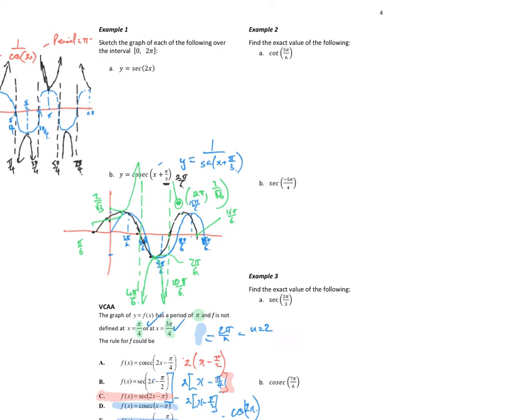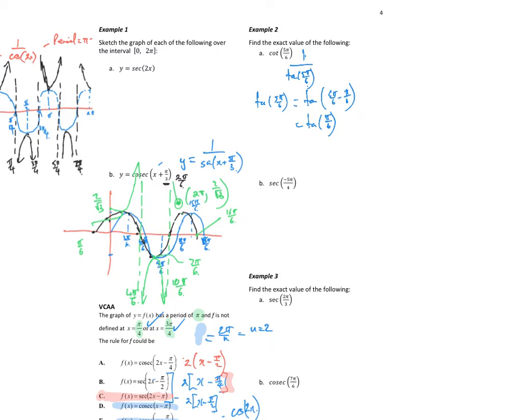Exact values. Okay, so remember, this is just all about making everything in terms of sine, cos, or tan. Cot is the same as 1 over tan of 5 pi on 6. So let's concentrate on tan of 5 pi on 6. Tan of 5 pi on 6 is equal to tan of 6 pi on 6 minus pi on 6.